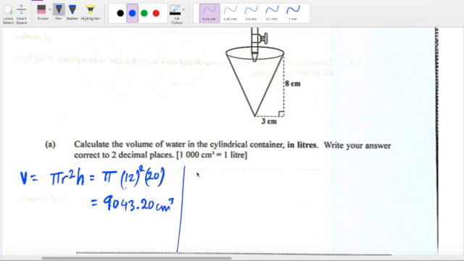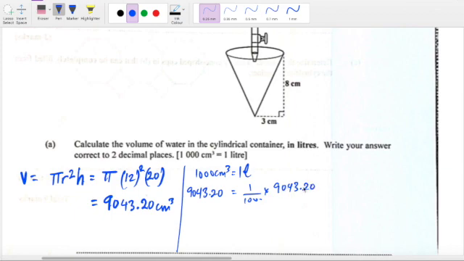Now, if 1000 cm cubed is 1 liter, then 1 cm cubed will be 1 over 1000 liters, and 9043.20 cm cubed will be 1 over 1000 multiplied by 9043.20.